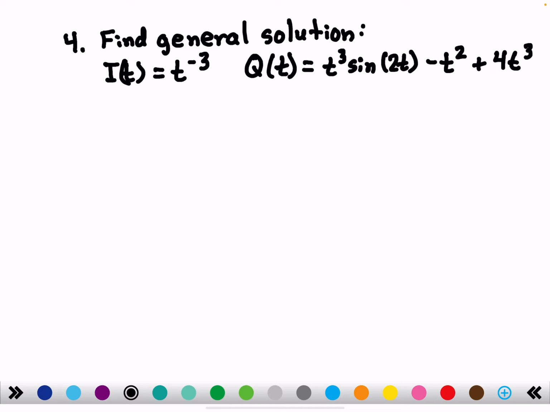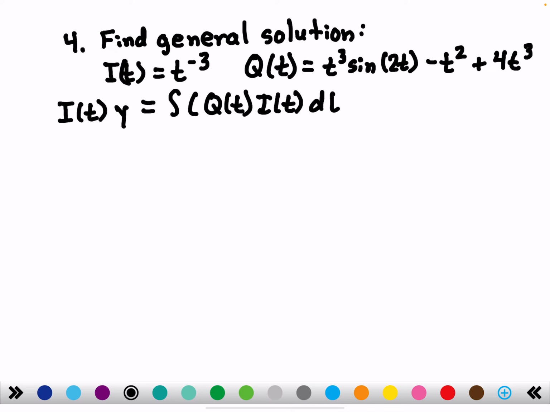Now remember that the general solution is found using the formula I sub t times y equals the integral of the quantity q sub t times I sub t dt plus c.